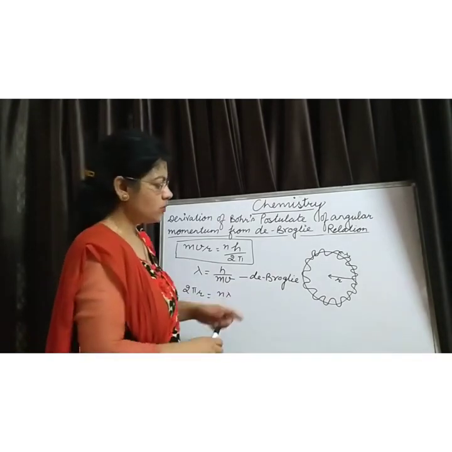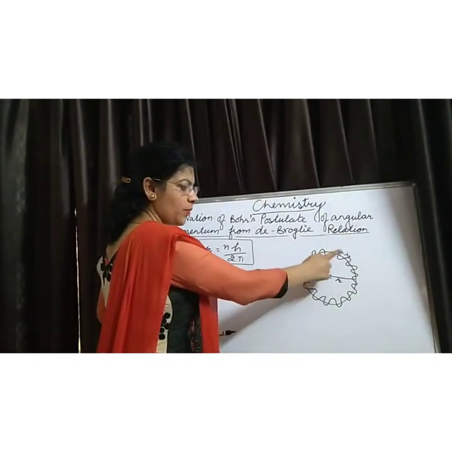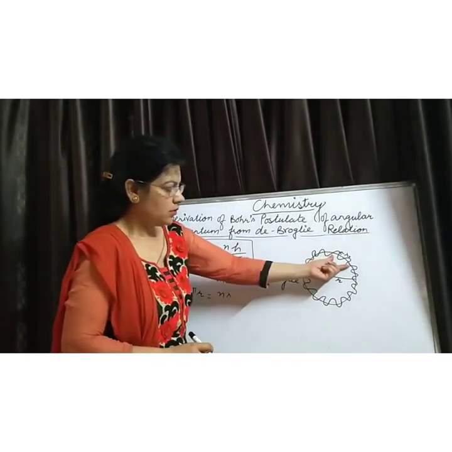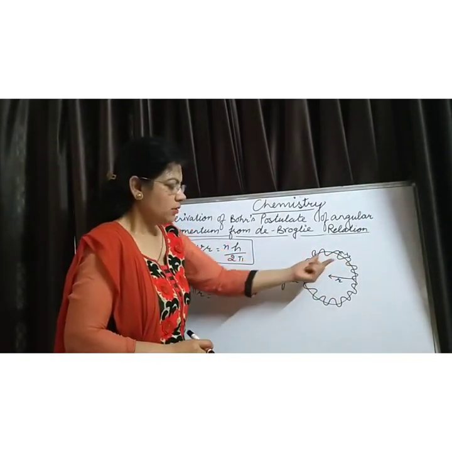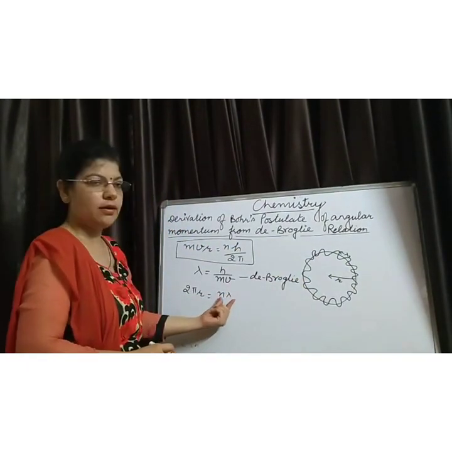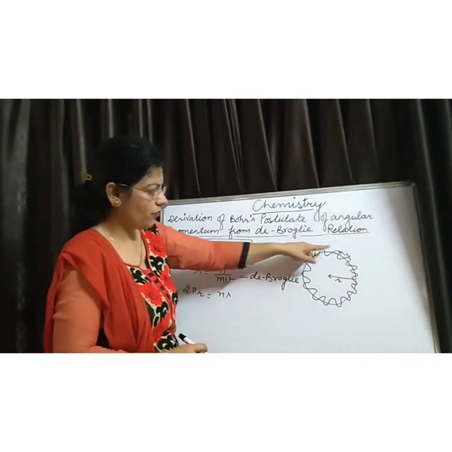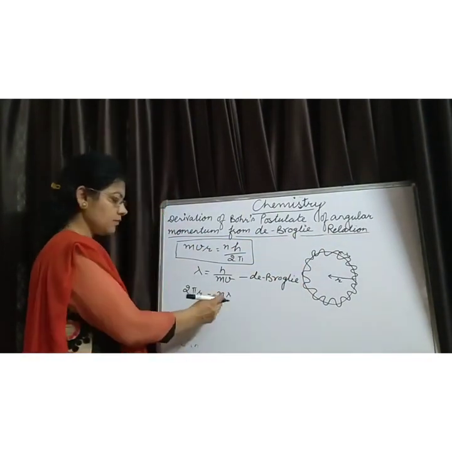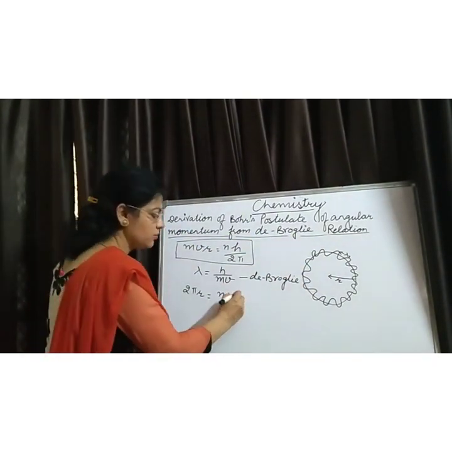If the electrons are revolving in this orbit with wave character, then the circumference of this orbit is equal to n into lambda. This is equation two.